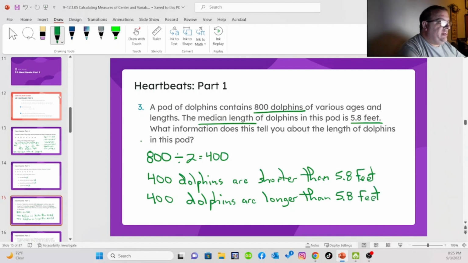That's what a median does. It divides our data set exactly in half so we know where the middle really is.